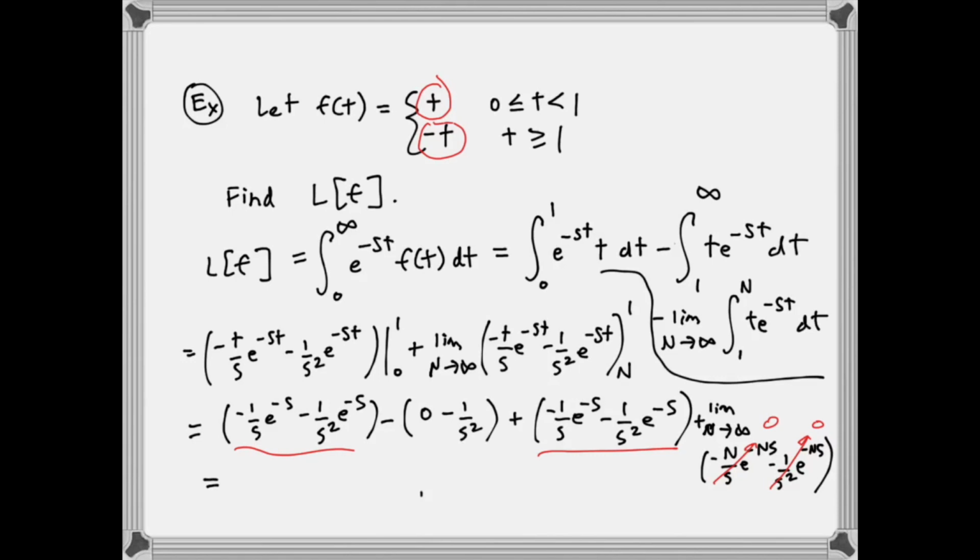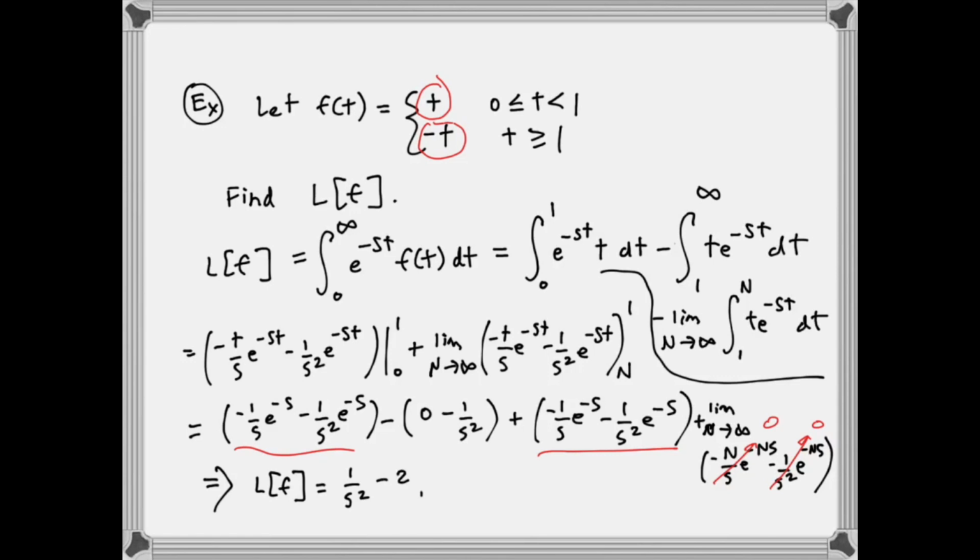So the Laplace transform of f is going to equal 1 over s squared, and then I'll pull out a negative, why not?